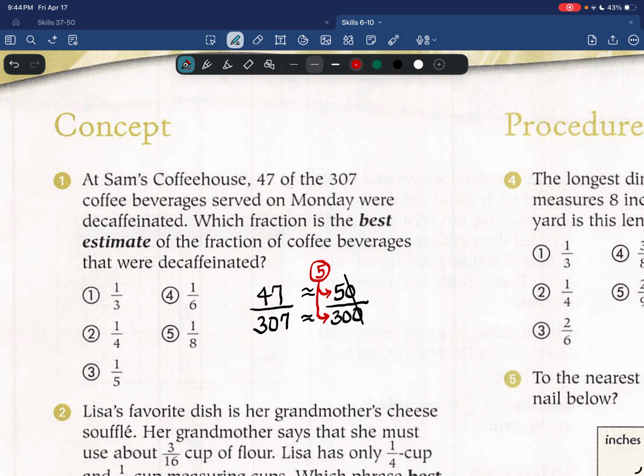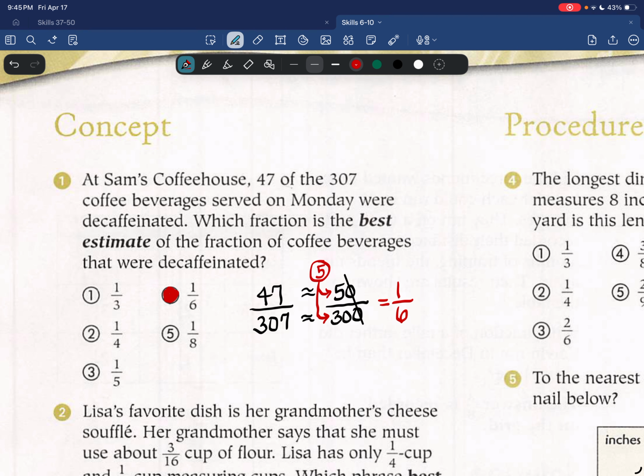So 5 into 5 is 1, and this is not an estimate, it's an actual number. 5 into 30 is 6. So the closest estimate would be number 4, 1 over 6. About 1 out of every 6 of those coffees that were served was a decaf. That would be mine.